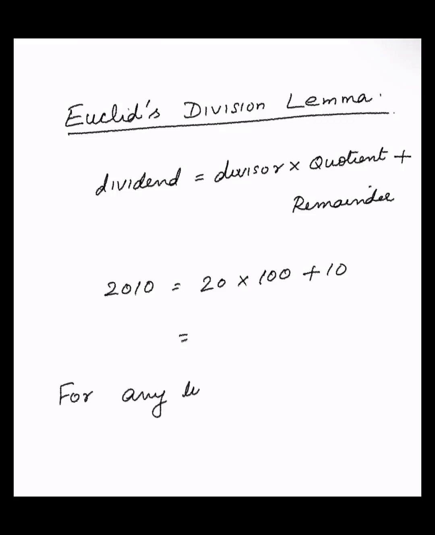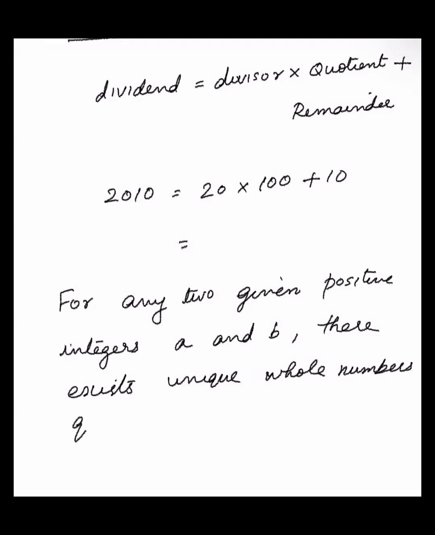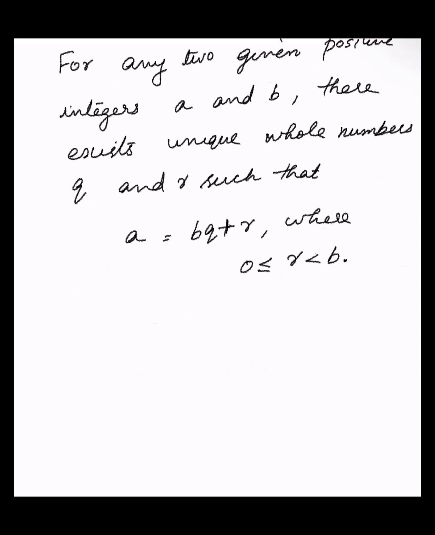For any two given positive integers a and b, there exist unique whole numbers q and r such that a is equal to bq plus r, where r lies between 0 less than or equal to r less than b.